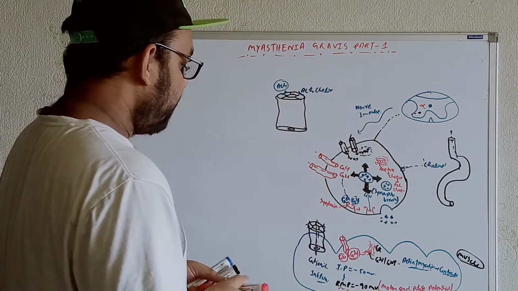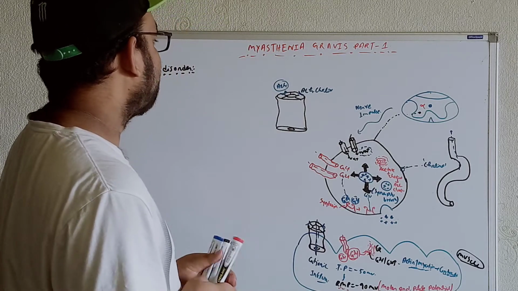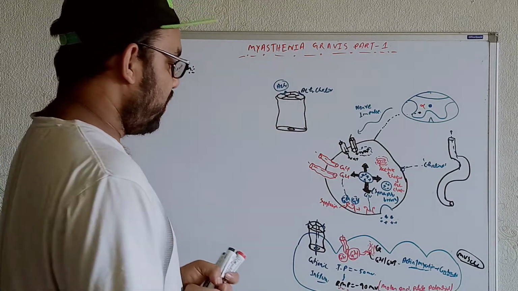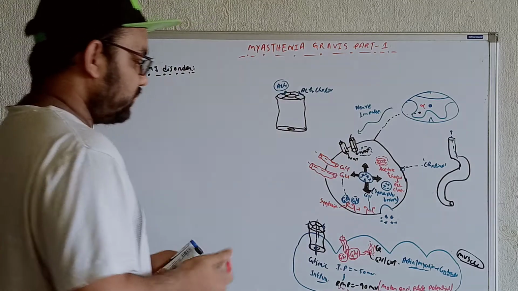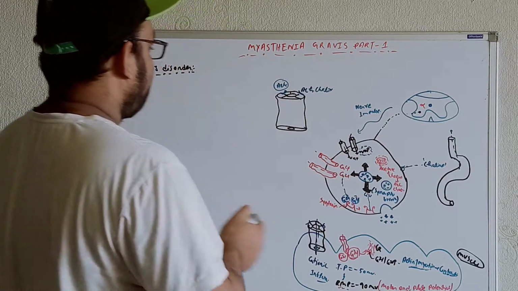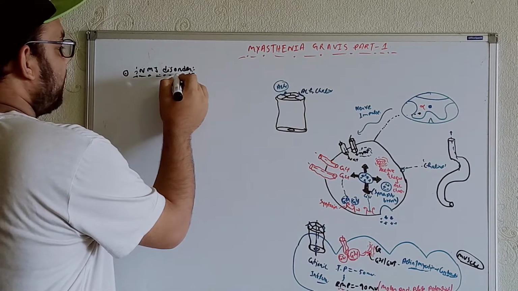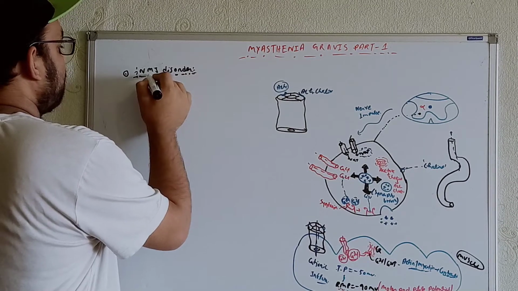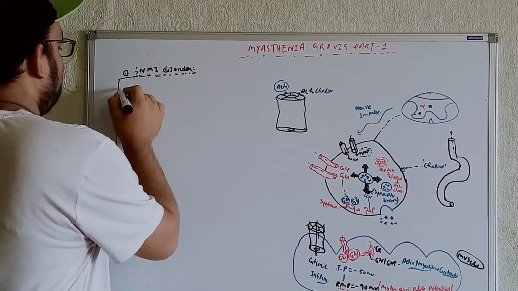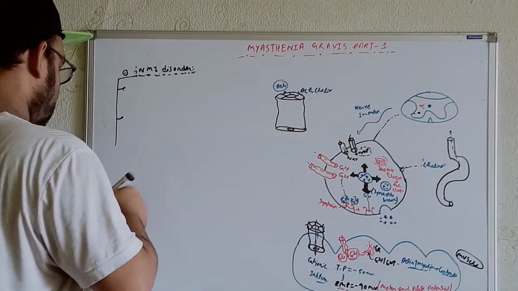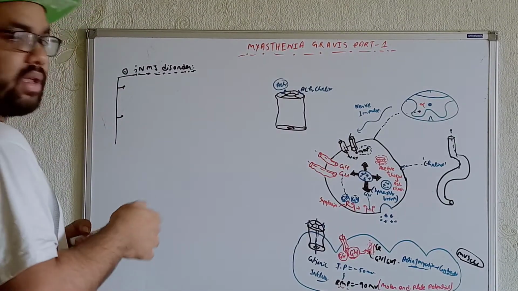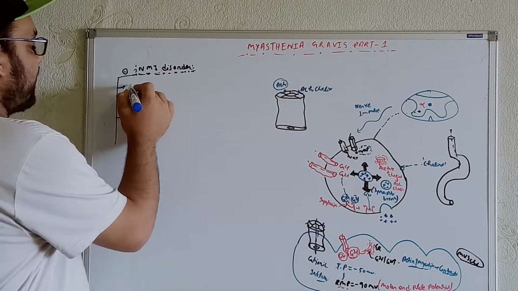Now, try to understand from here what we will get in terms of myasthenia gravis. Myasthenia gravis is a neuromuscular junction disorder that is found with the production of autoantibodies, the first thing.